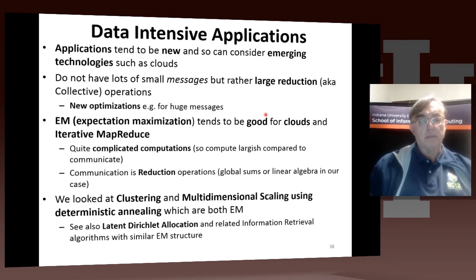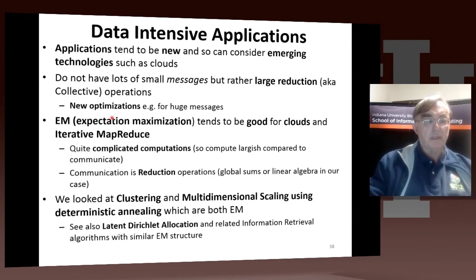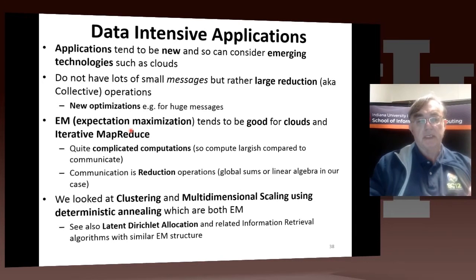And because they are large messages, they don't have the same latency constraints. So you can actually run them on modest latency networks. And you need to actually worry about optimizing those problems for large messages. And there's a very famous approach in data mining called expectation maximization, and that is actually very good on clouds and very suitable for iterative MapReduce.